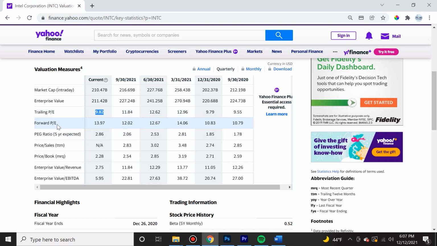Now we're going to cover forward PE, where Intel sits at 13.97. Forward PE ratio is basically the future price to earnings per share, and this metric uses future estimates, which is obviously not going to be as reliable as the typical PE, which is a trailing PE that's using the last year's earnings.